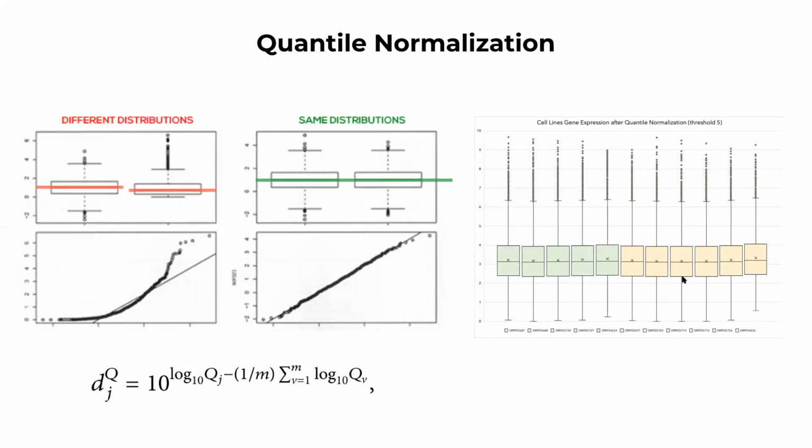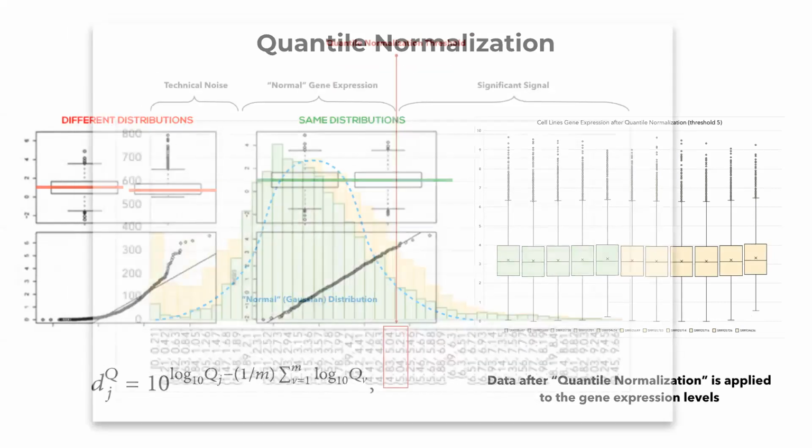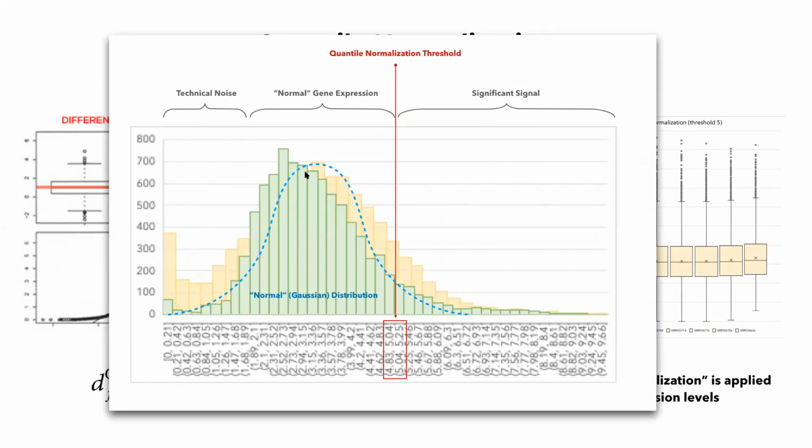Now, they're not exactly the same. We obviously want to leave the signal part of the data. What is the signal part of the data? If we again look at normal distribution, we assume that each cell will be alive, right? So each cell is alive. It has the normal function.